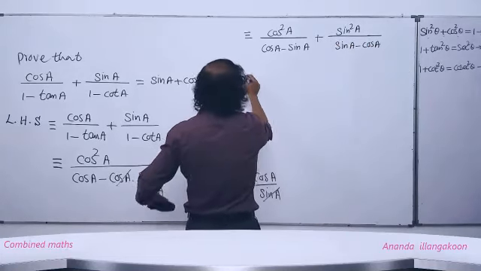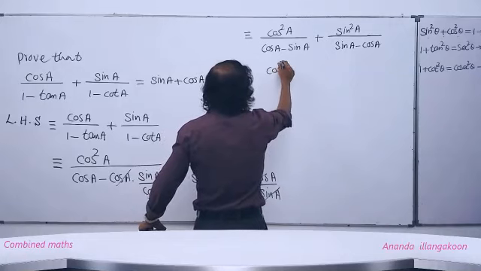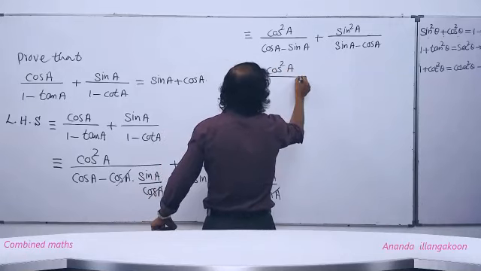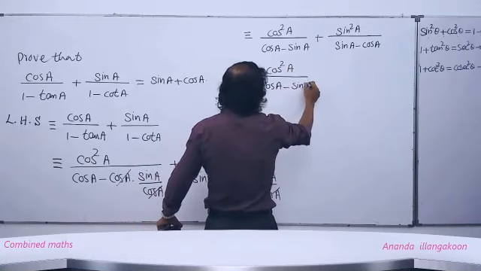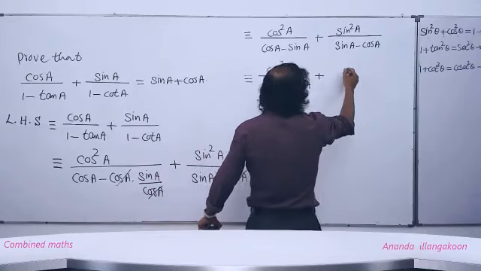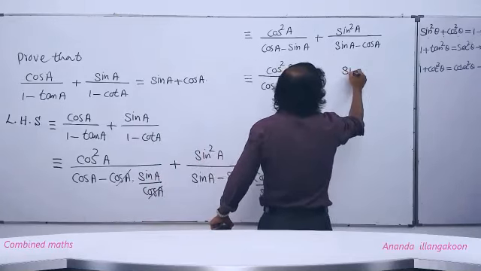This now, people, cos squared A divided by cos A minus sin A plus, this is sin squared A divided by, people, take this minus sign out.